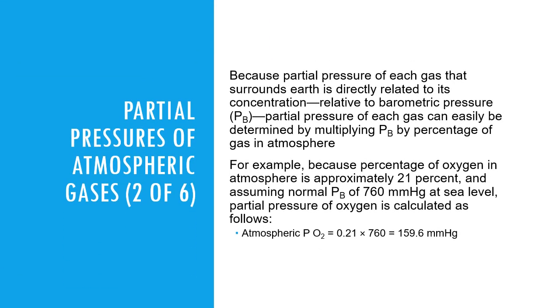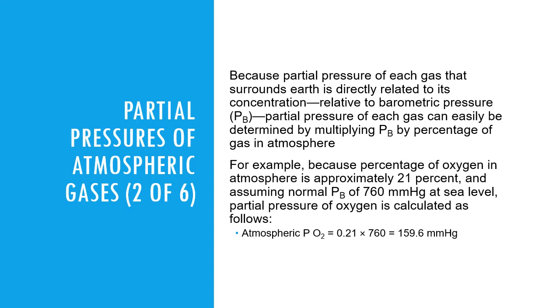Because partial pressure of each gas that surrounds the Earth is directly related to its concentration relative to the barometric pressure, or P sub B, the partial pressure of each gas can easily be determined by multiplying the barometric pressure by the percentage of gas in the atmosphere.